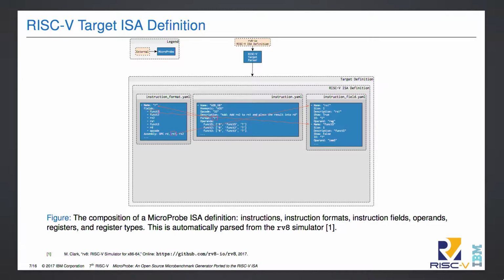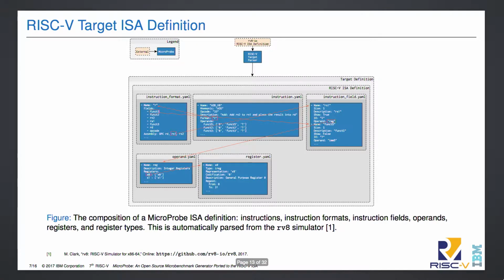In this case, you have source registers and destination registers. Those then consist of specific operands, which are things that come in and you bind when you generate these benchmarks. In this case, an operand is a register. Registers can be of different types: you can have integer registers and floating point registers, which is shown here. So basically, we provide all of this for you.